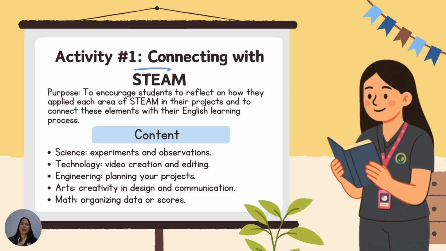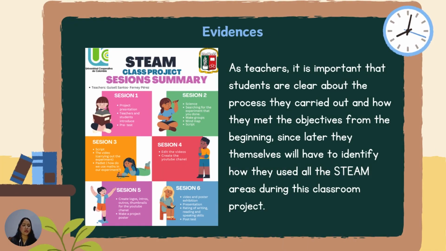After they complete their worksheet, we can show the students a poster or an image to summarize what we really did. As teachers, it is important that students are clear about the process they carried out and how they met objectives from the beginning, since later they themselves will have to identify how they used all the STEAM areas during this classroom project.